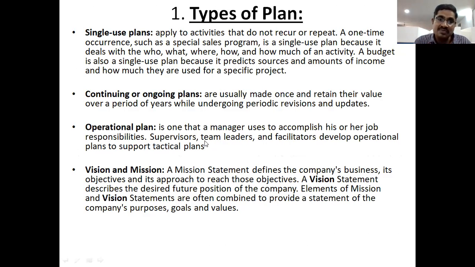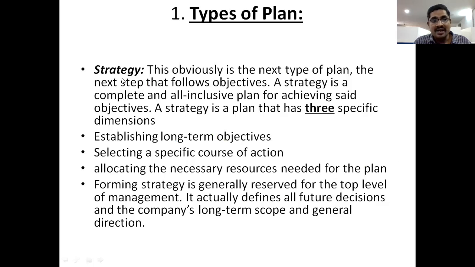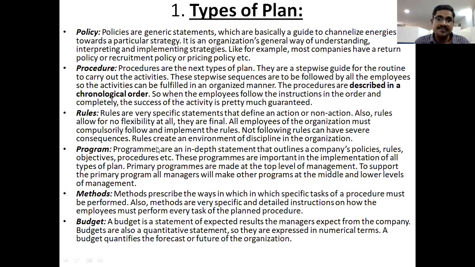Half of the vision is the mission, so a 10-year plan is called your mission. And strategy involves establishing long-term goals and future courses of action, allocating the necessary resources and forming directions and policies for achieving the goals of the company.